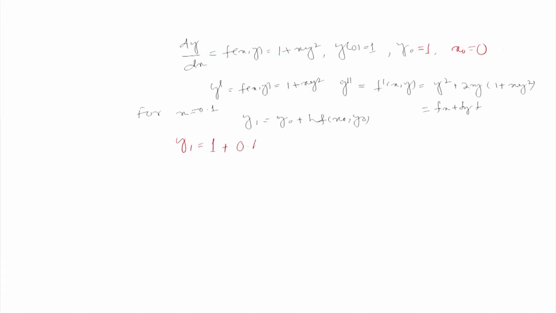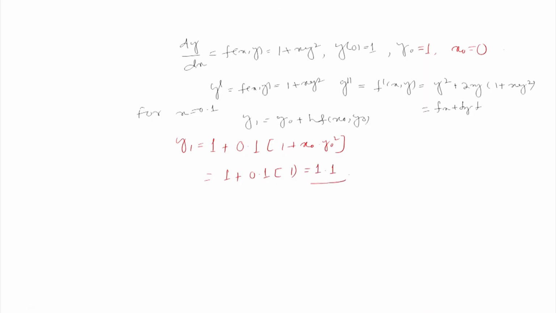So 0.1 into your f of x, y value, that is nothing but 1 plus x0 y0 square here. So the final form of this is 1 plus 0.1 into 1, that is nothing but 1.1.